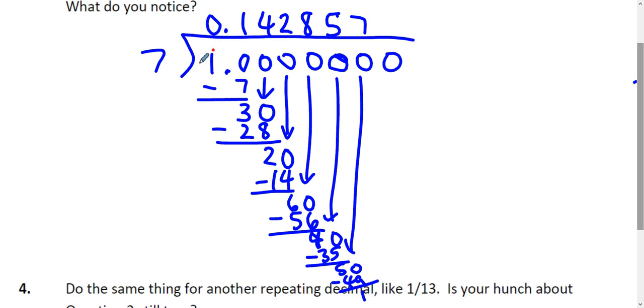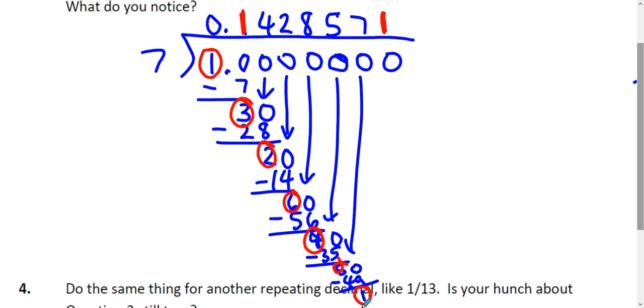So you had a 1, you had a 3, you had a 2, you had a 6, you had a 4, you had a 5, and now you're back to the 1, which means that the next thing that you write up here is going to be something you've done before.